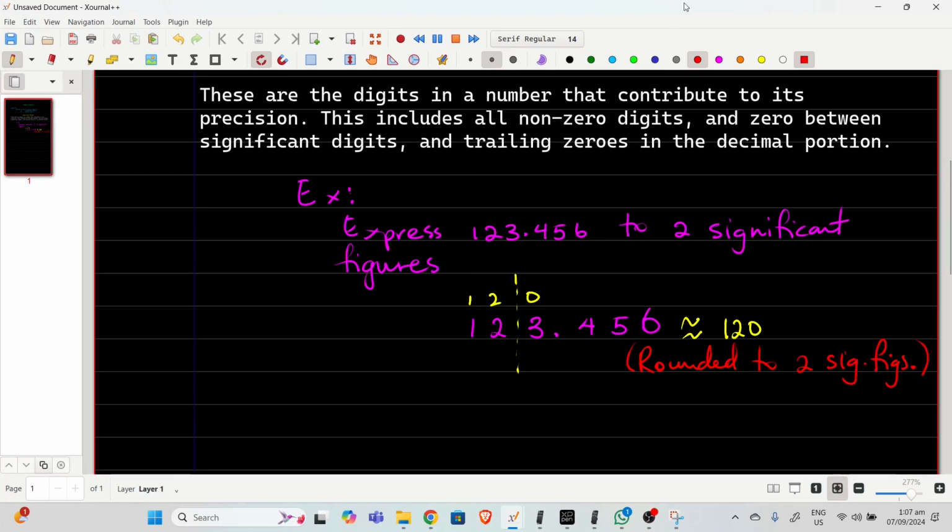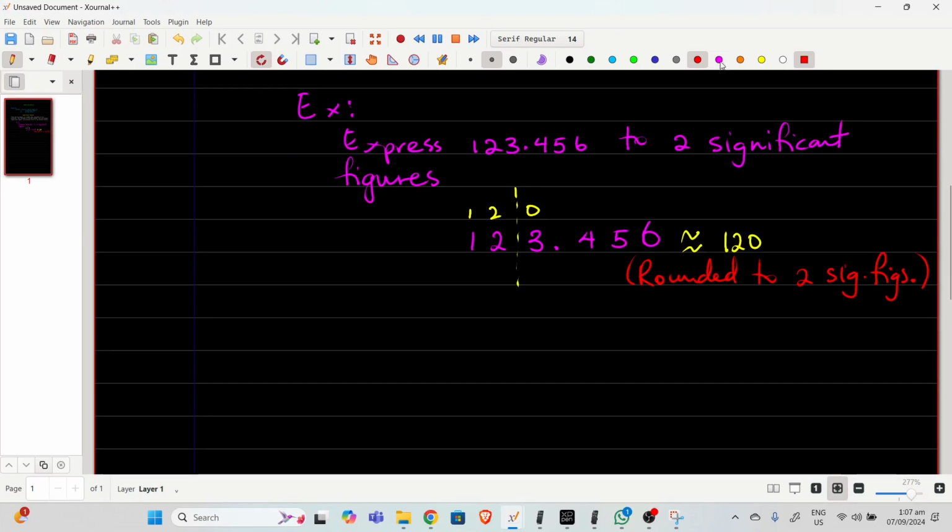That's 2 significant figures. Now you may think, that sounds easy, let's do another one. You can try this one and see if you get the same answer as me. Express 0.00456723 to 3 significant figures.